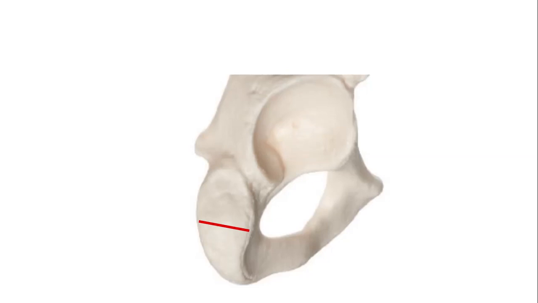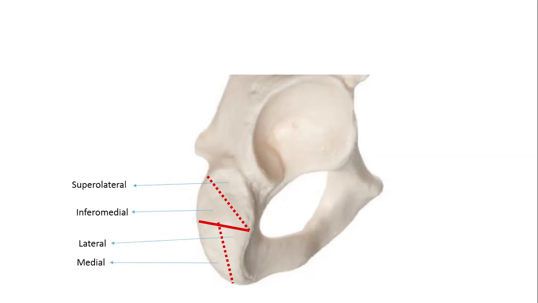So this is the ischial tuberosity, which is divided into upper and lower parts by one transverse ridge, and the upper part is divided into two parts by an oblique ridge into supralateral and inferomedial parts, and the inferior half is divided into two parts by one longitudinal ridge into outer and inner, or lateral and medial. Okay, so this is all about the ischial tuberosity.